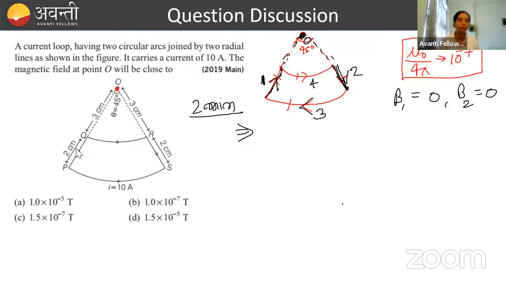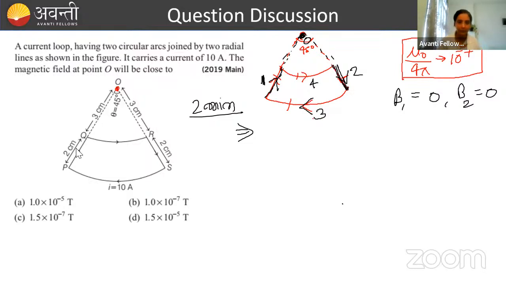First calculate the direction. In the case of the third, current is flowing in this direction, right? Since current is flowing in a circular arc, how will we calculate the magnetic field? We need to curl our fingers in the direction of current.